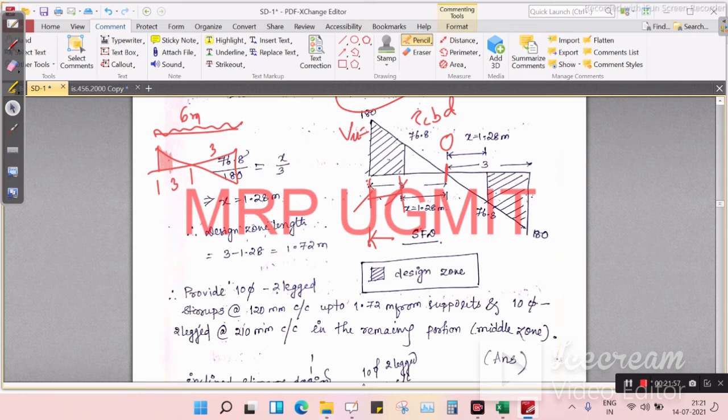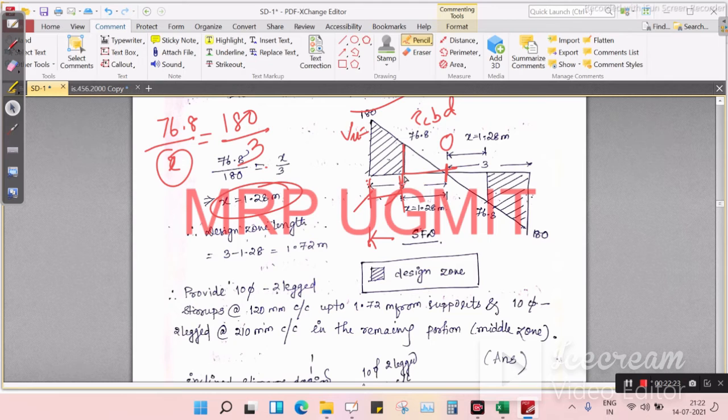What is this? So we can take similarity of triangle. So 76.8 divided by x, again 180 divided by 3. So x is equal to 1.28. So design length is 1.72.